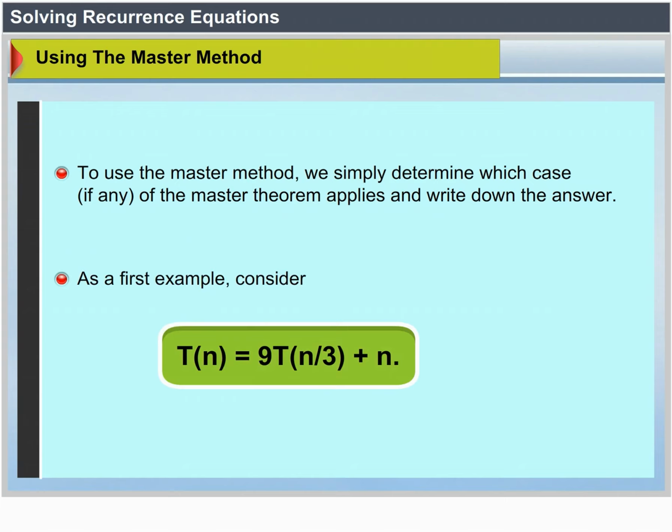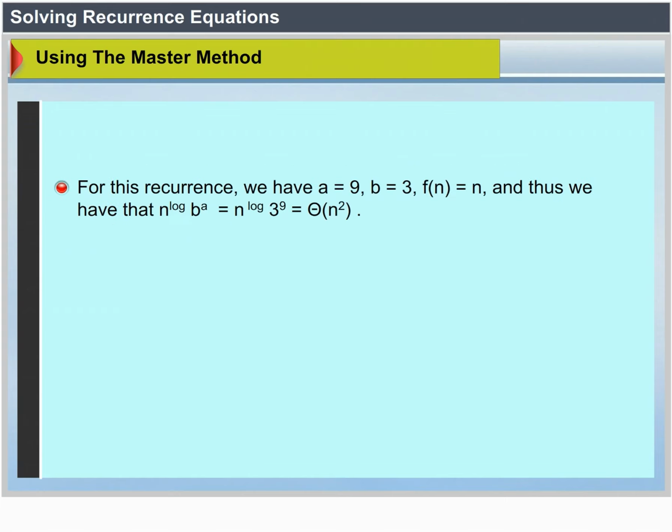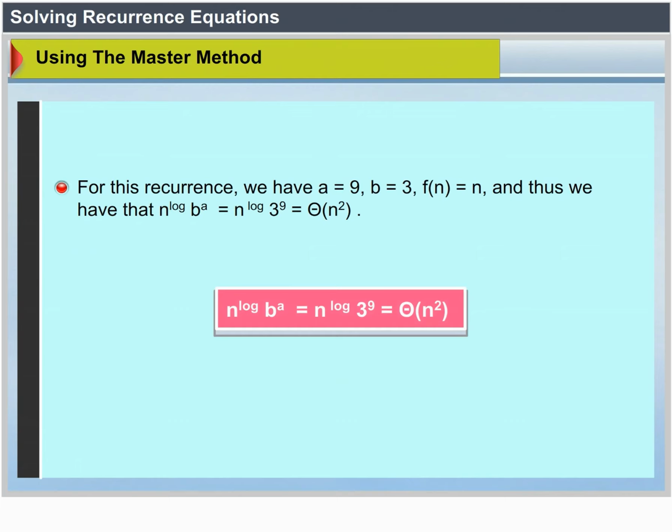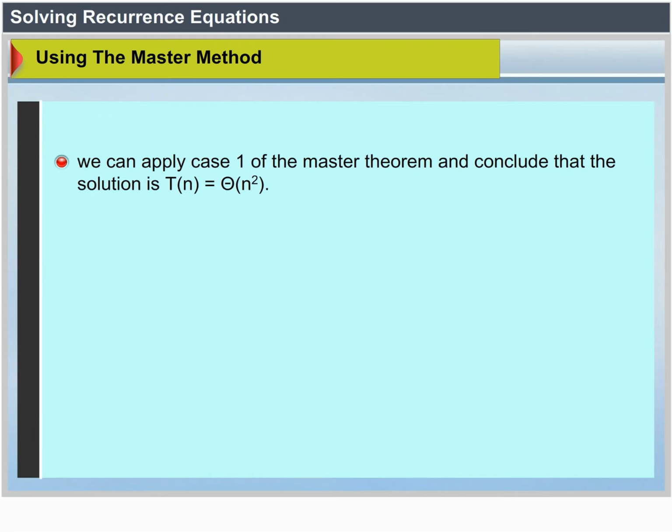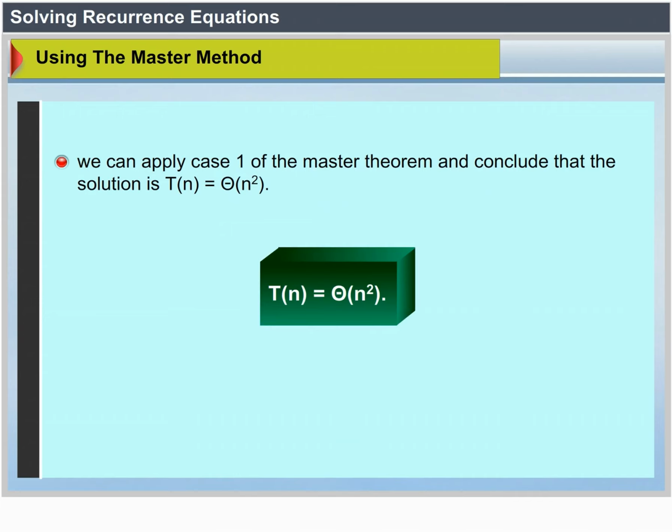For this recurrence, we have a = 9, b = 3, and f(n) = n. Thus n^(log_b a) = n^(log_3 9) = Θ(n²). Since f(n) = O(n^(log_3 9 - ε)), where ε = 1, we can apply case 1 of the master theorem and conclude that the solution is T(n) = Θ(n²).